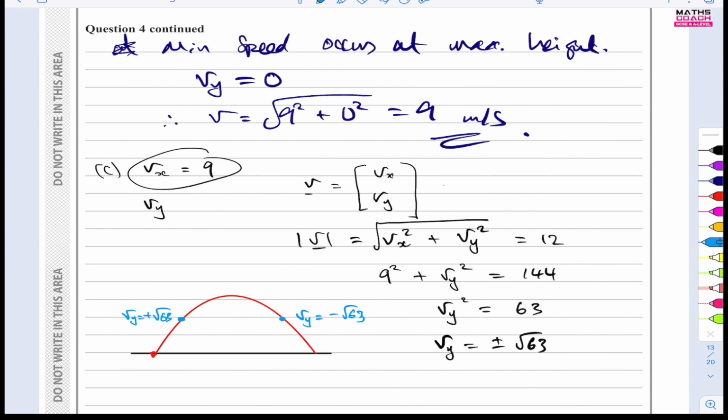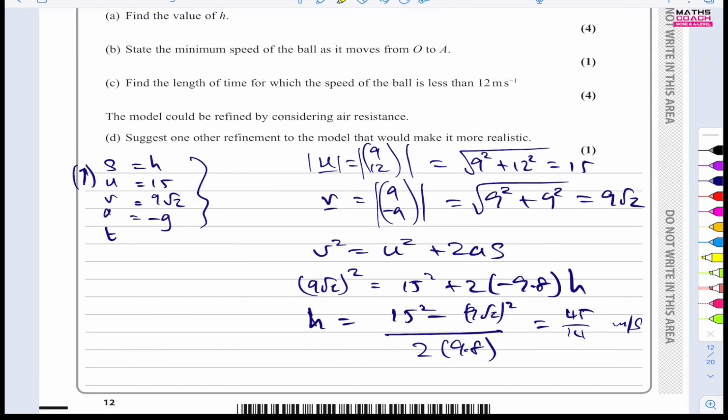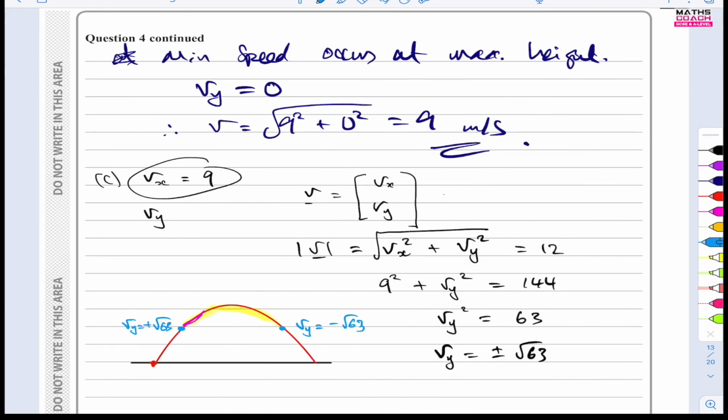And we are asked to work out the length of time for which the speed is less than 12 meters per second. Along this path of the motion, at this point the vertical speed is root 63. At the highest point it is 0, so it reduces to 0 and then increases back to root 63 on its way down.